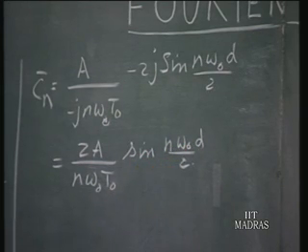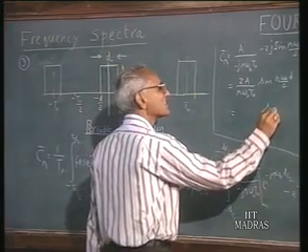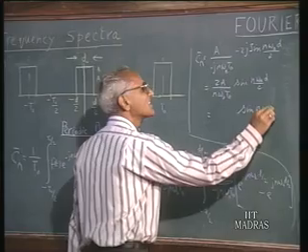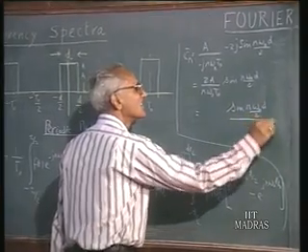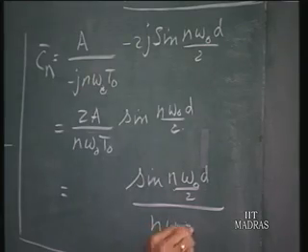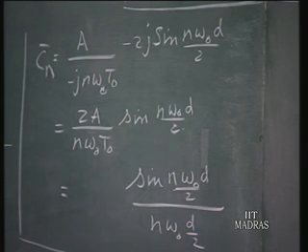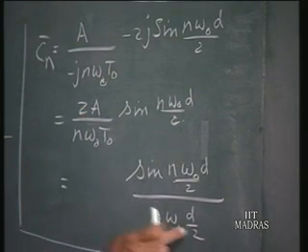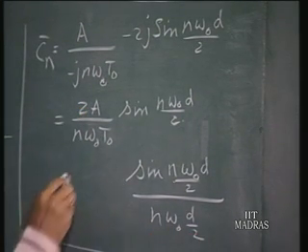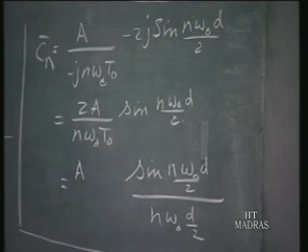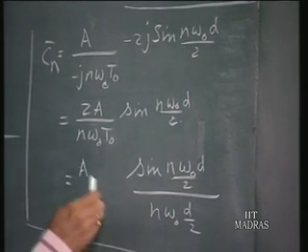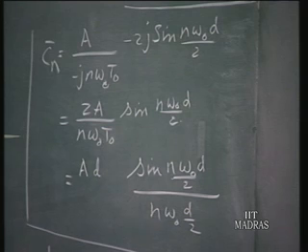I will write this in a slightly different fashion. Suppose I write this sin n omega naught d upon 2, I establish a denominator n omega naught d upon 2. So this 2 is taken over here, so A remains, and since I introduced a d in the denominator, I put a d in the numerator.